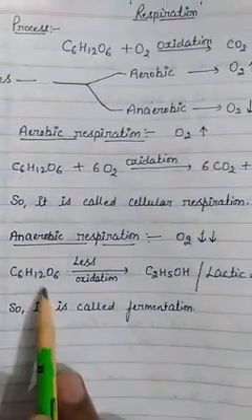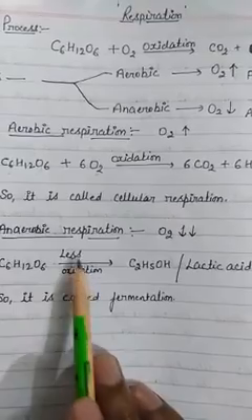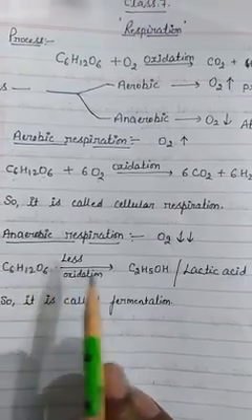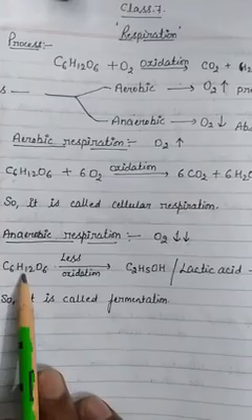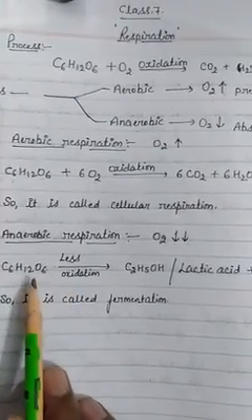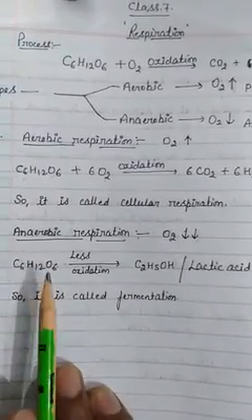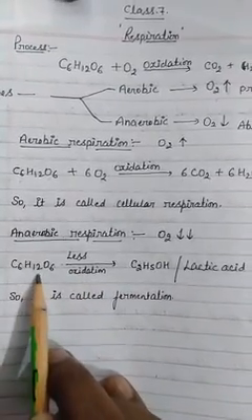When glucose is oxidized in the presence of less oxygen, glucose is less oxidized because there is no oxygen or very little oxygen. Such a condition is known as less oxidation of glucose.